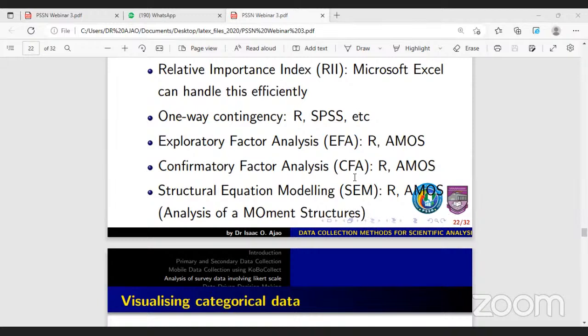For example, performance of students in school has a lot of determinants. What determines performance of students? We have condition of classroom, relationship with the teacher, the hostel, even family background. When there are too many, you want to reduce the dimension, and you want to see the relationships before deciding which one not to allow in the model. It is structural equation modeling that does that. And it's going to show us graphically. We call it path analysis. It's going to show us the paths of the model by arrows.